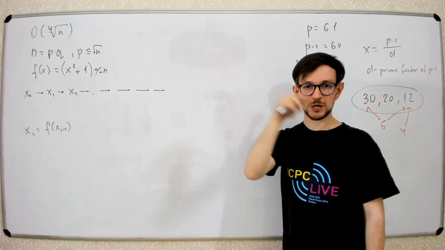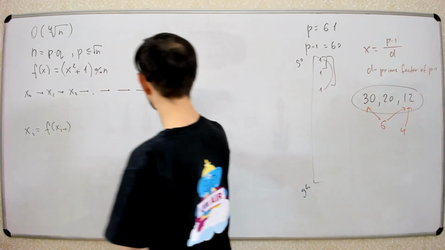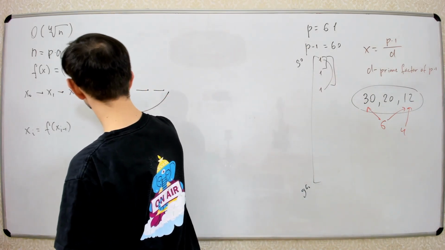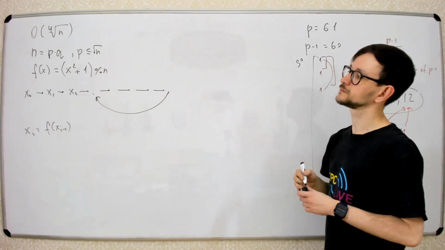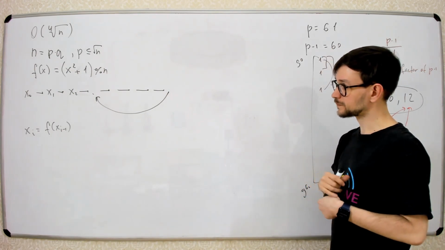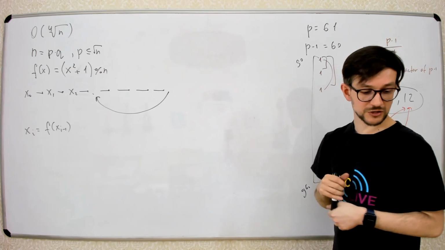Let's calculate the sequence until we find some loop. At some point we will find a cycle like this, where we have numbers we already had before.